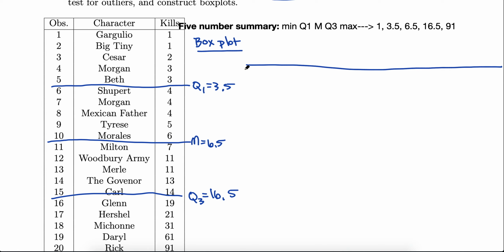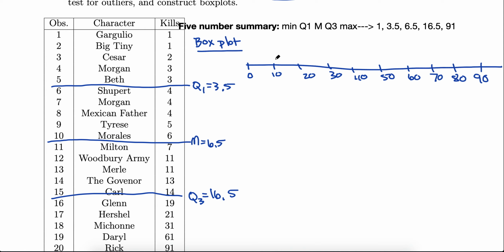Go ahead and just draw a rough scale. So I'm going from 1 to 91 in my data. Let me maybe count by tens to make that easy. So 0, 10, 20, 30, 40, 50, 60, 70, 80, and 90.